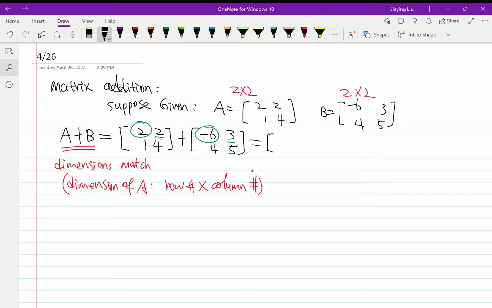So that will be 2 plus negative 6, that's the first value, and then 2 plus 3, that's the second value, and then 1 plus 4, and then 4 plus 5. So we just add the corresponding elements together, and that will give us negative 4, 5, 5, 9. So that's how we add two matrices together.